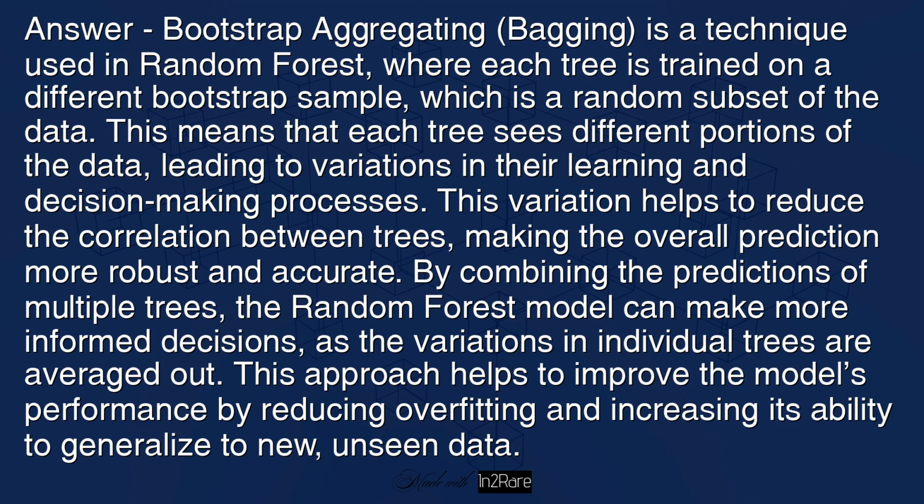This variation helps to reduce the correlation between trees, making the overall prediction more robust and accurate. By combining the predictions of multiple trees, the random forest model can make more informed decisions, as the variations in individual trees are averaged out. This approach helps to improve the model's performance by reducing overfitting and increasing its ability to generalize to new, unseen data.